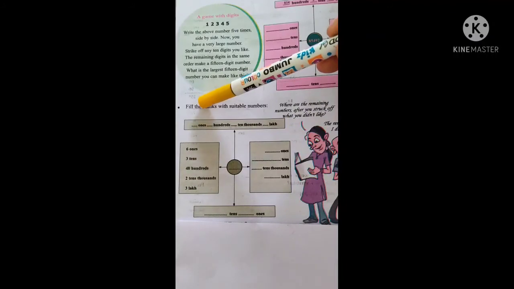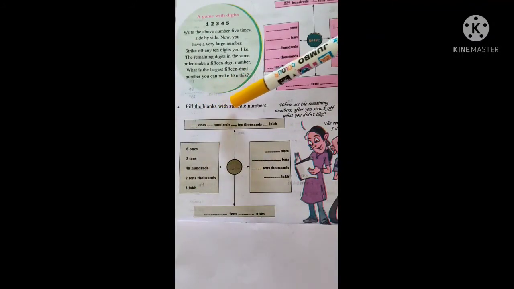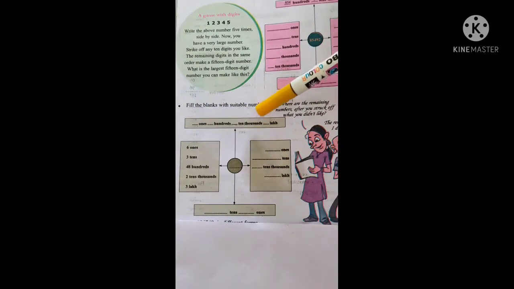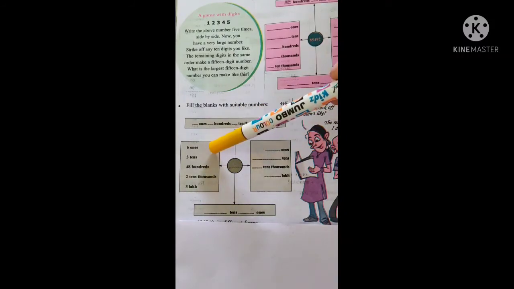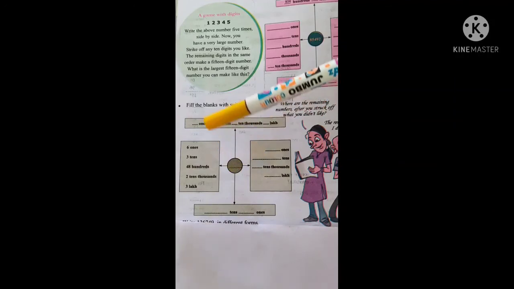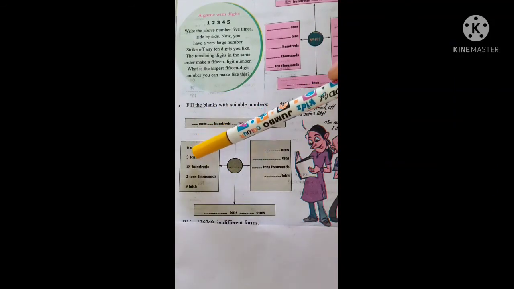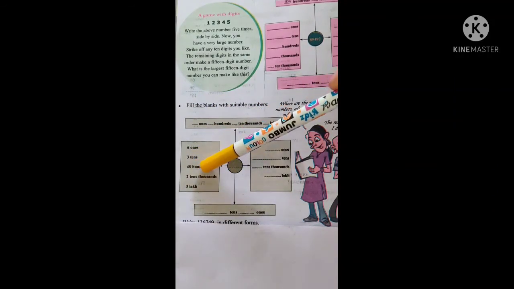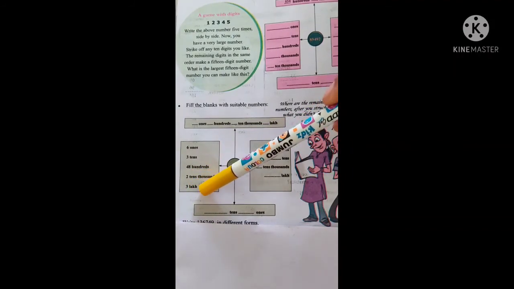Look at the next question. Fill the blanks with the suitable numbers. Here some clues are given. We find out the number. Look, 6 ones, 3 tens, 48 hundreds, 2 ten-thousands and 3 lakh.